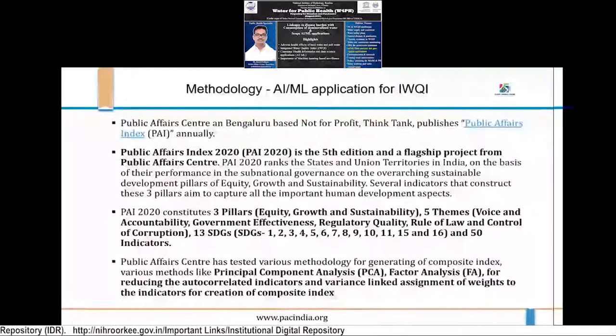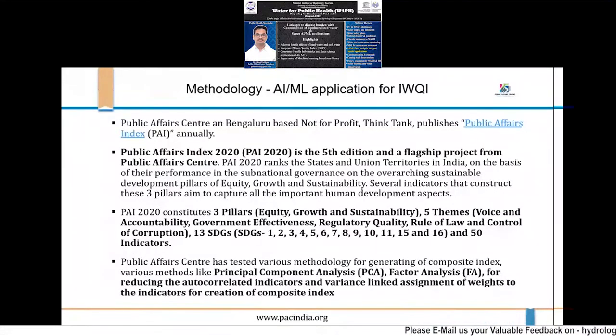However, when we come to indexes, I think Public Affairs Centre has been working on various indexes. We have the Public Affairs Index, a flagship product of the organization, where we look across various pillars and indicators and arrive at a composite index ranking states on their governance perspective, that is equity, growth, and sustainability.